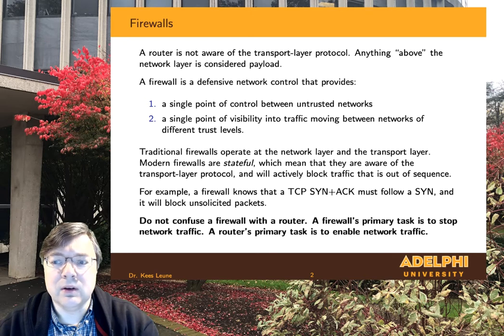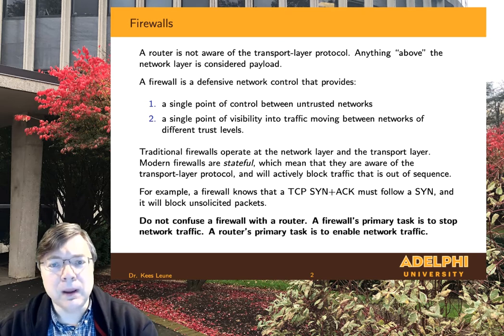That means that for a firewall to be effective, it needs to know what kind of network traffic should be allowed in and out of the network. Now, the router itself just knows about IP packets.